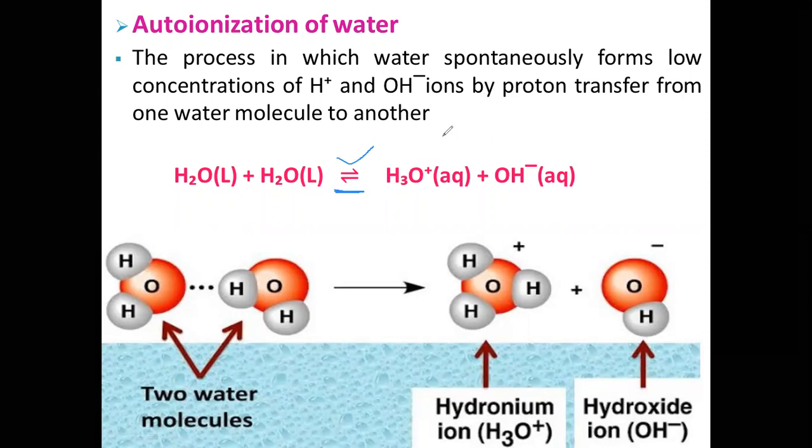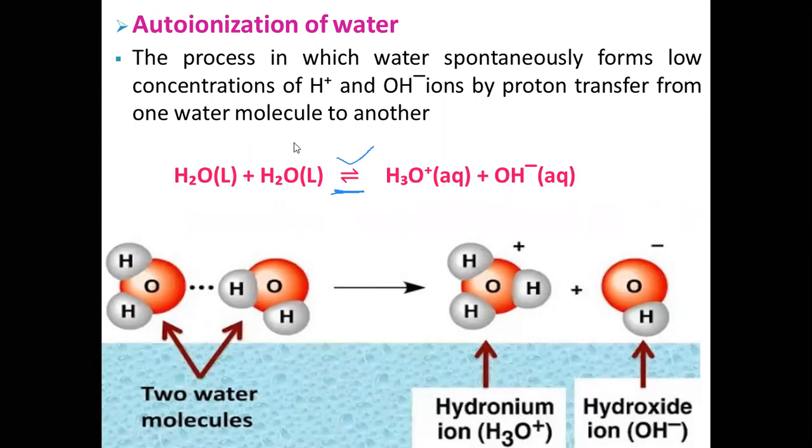As we know, in Ostwald dilution law for weak acid and weak base, we already write the dissociation equilibrium constant equation, because that reaction is also reversible. So in this reaction also we can write the equilibrium constant equation.